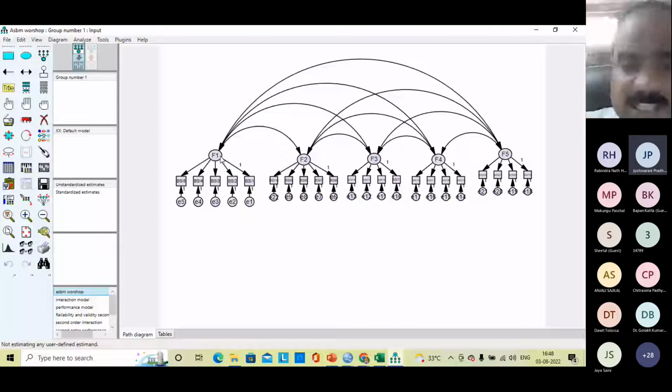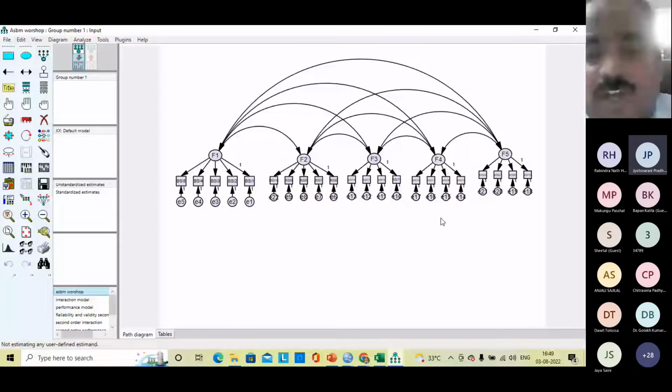Whether the same type of indicators, that is BSI 6 to BSI 10, are measuring F2 in the same way over male and female, and the same is the question for the rest of the three constructs having their underlying variables or indicators. In order to test this, we need to make a multi-group analysis first, then I will go for invariance testing.